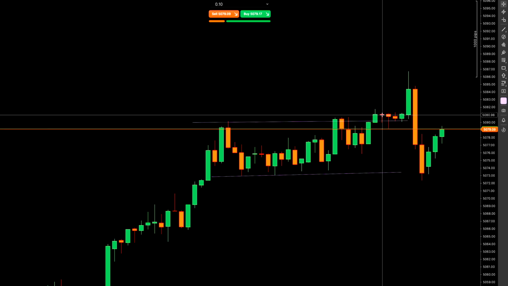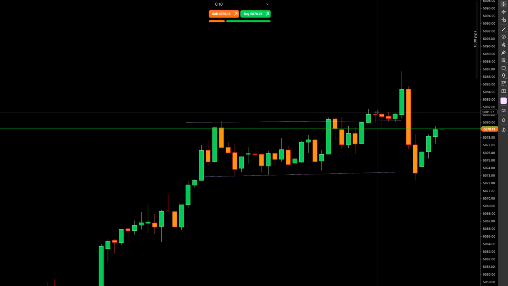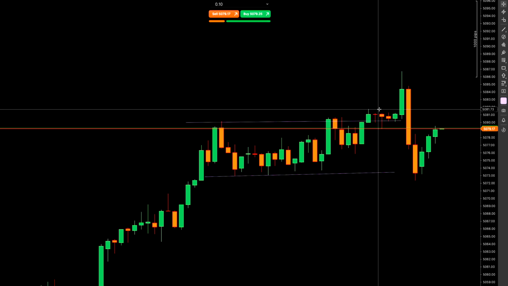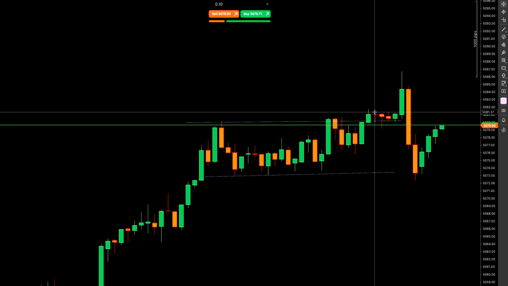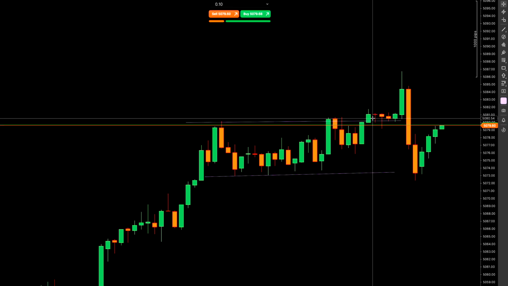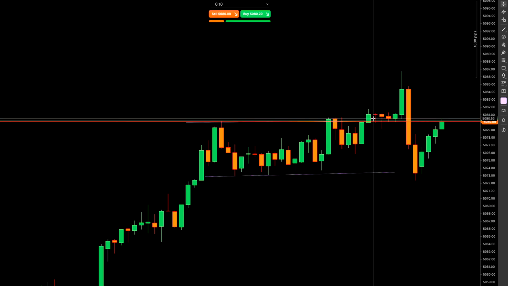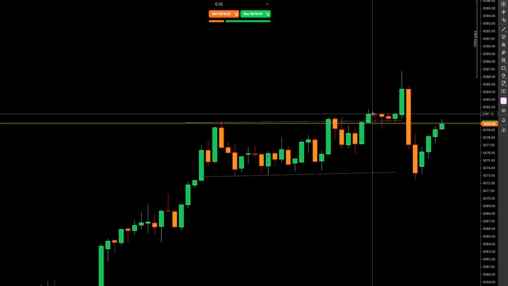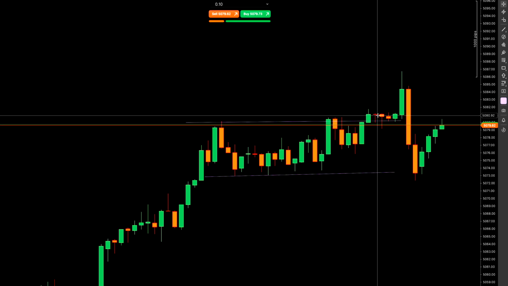Like I said, in those areas it's common that you do have an inside bar, and it would have been used as some form of support whenever the market comes back, as a point of reference.